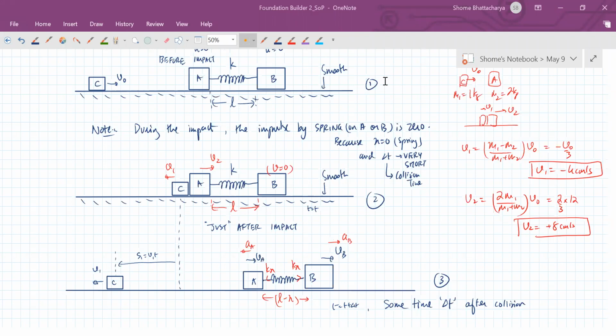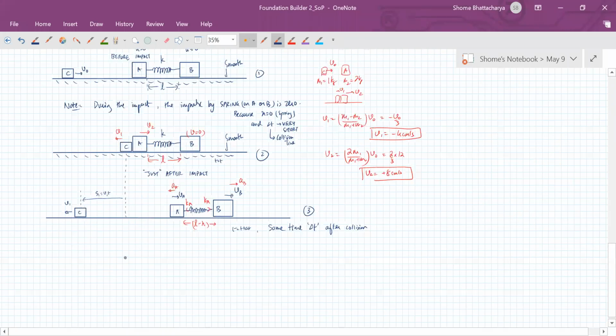Now see what conservation principles will apply between diagram 2 and 3 from just after the impact to a sufficient amount of time after impact when the spring is compressed by X. From diagram 2 to diagram 3, if we take A plus B plus the spring as a system, then there is conservation of linear momentum.